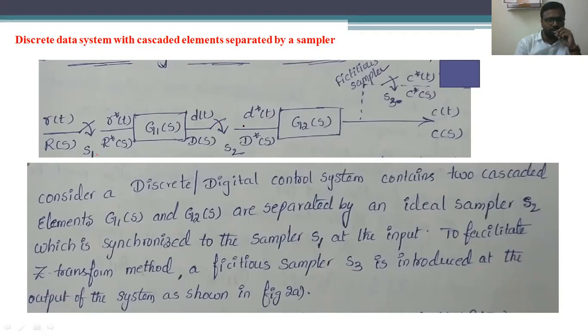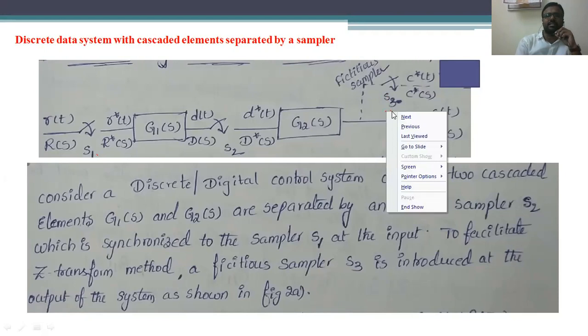In order to facilitate the Z transform method, a sampler S3 is introduced at the output of the system, as shown in the figure.